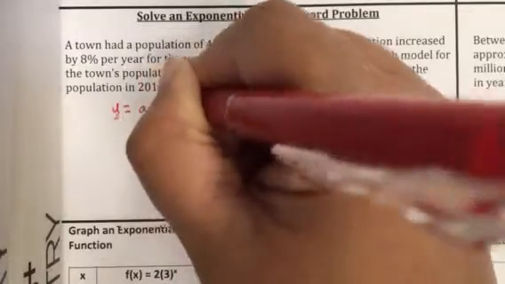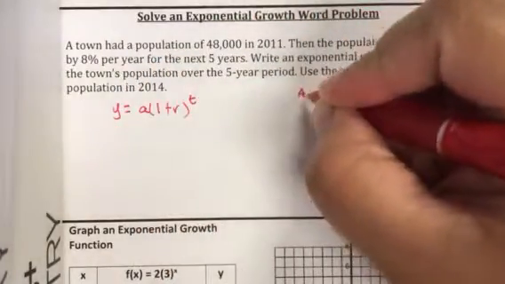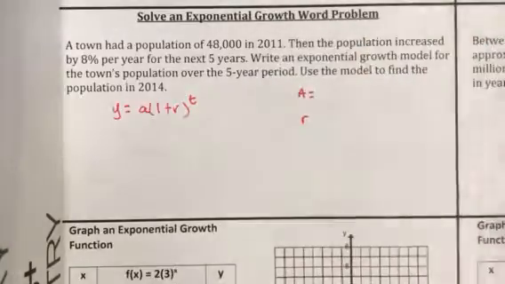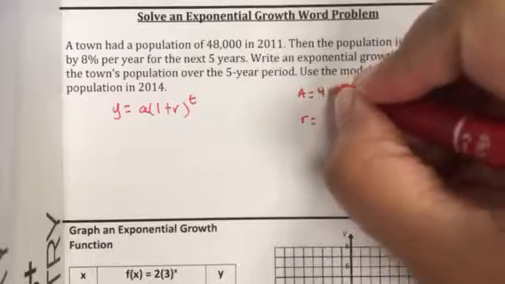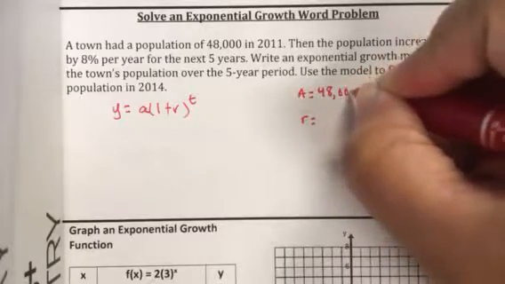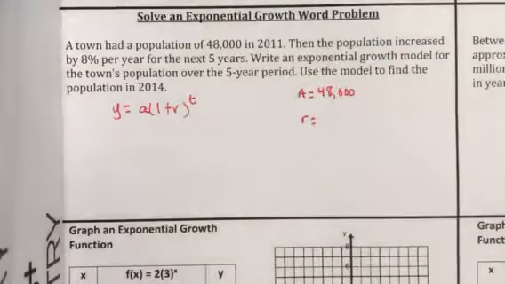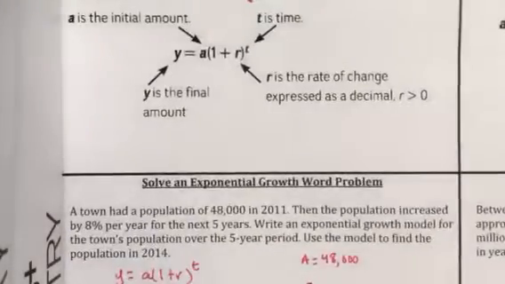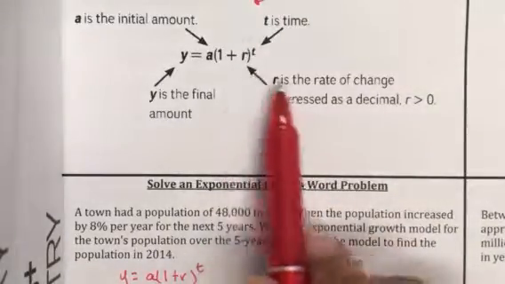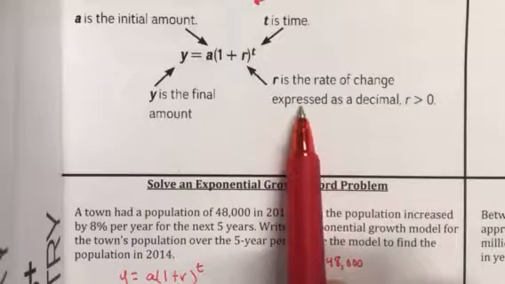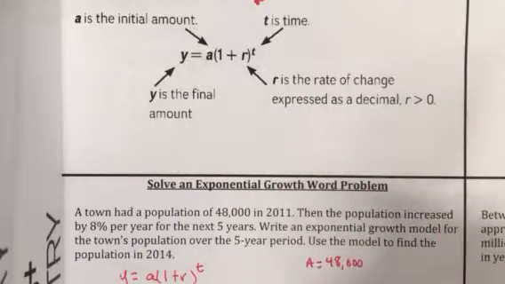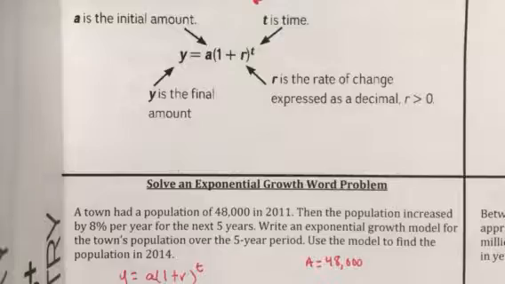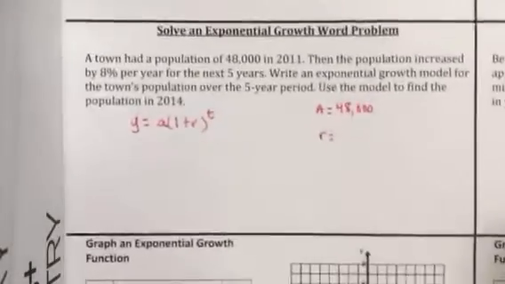Because we're talking about growth, we're going to use this formula, and I have to find my A and my R. My A is my initial amount, which is 48,000. I forgot to mention that when you're dealing with the rate, it has to be in decimal form. So it's going to be a number between 0 and 1, usually.